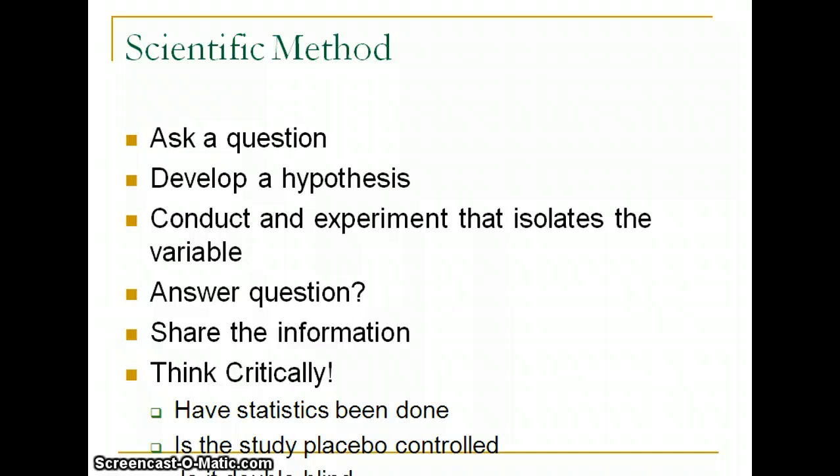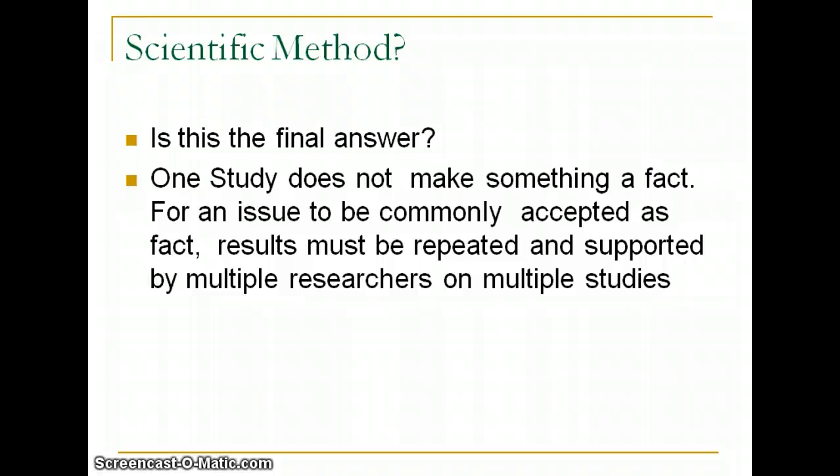We have to share the information, okay? And that's all part of the scientific method. And we share that information through the journal articles. So that's pretty much all I really need you to know about that. A final important part about the scientific method is that one study does not make an absolute fact.